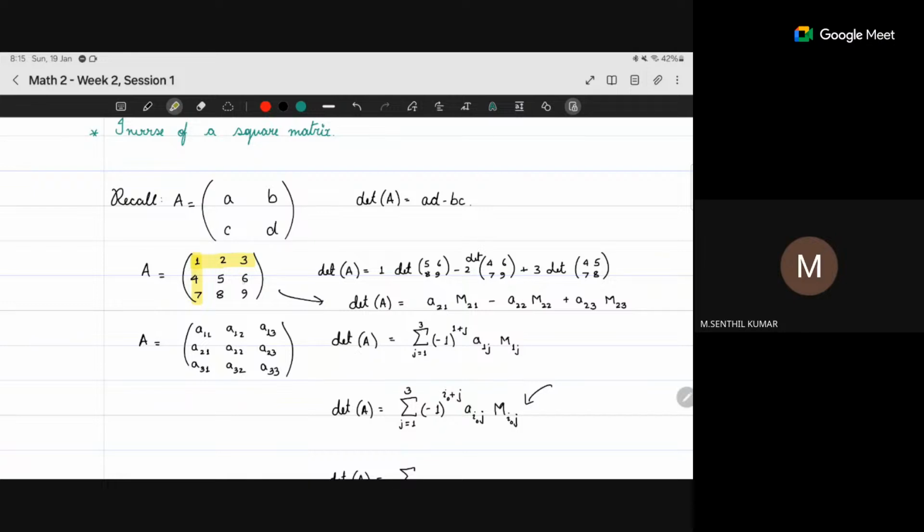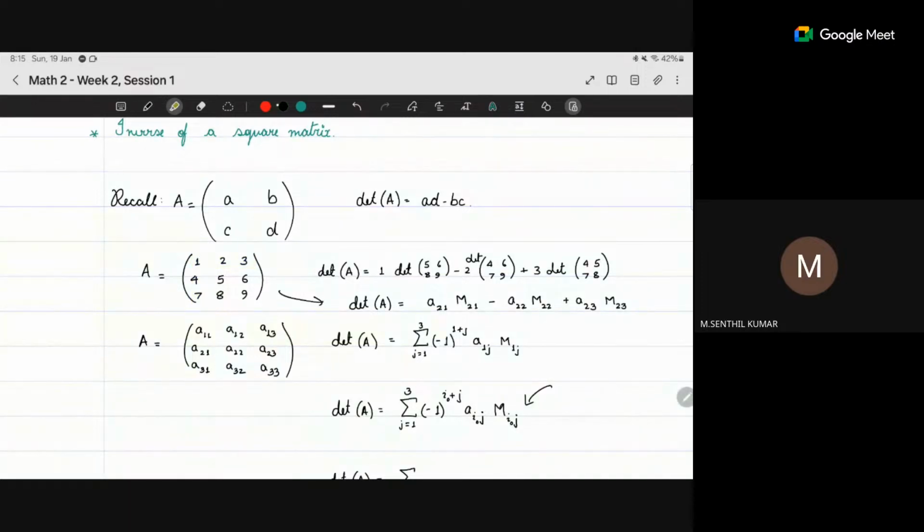And what is left? 5, 6, 8, 9, correct? In this matrix, if I remove the column and row corresponding to A11, which is 1 in this case, I'm left with a 2 cross 2 submatrix, which is 5, 6, 8, 9. The determinant of that is called the minor, denoted by M11.